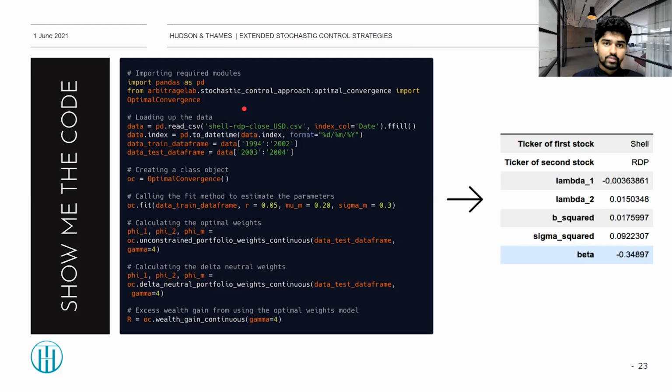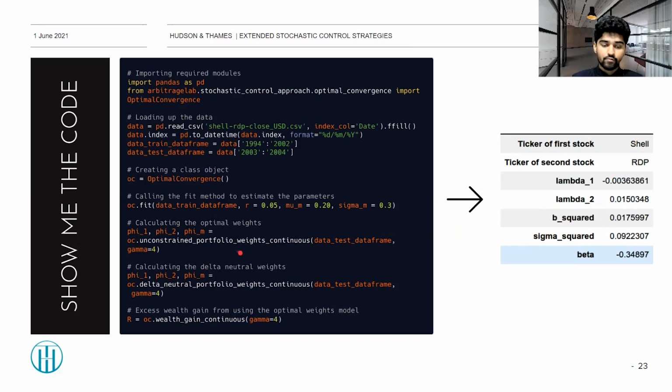These are split into the training dataset and the testing dataset. The training set is inputted to the fit method, and the fit method calculates the estimated parameters for the price process that we have seen earlier. On the right hand side, we can see the calculated parameters here, the lambda 1, lambda 2, and the other parameters.